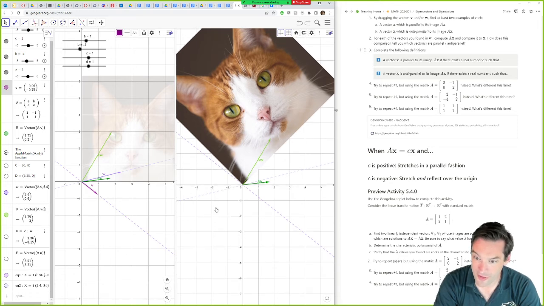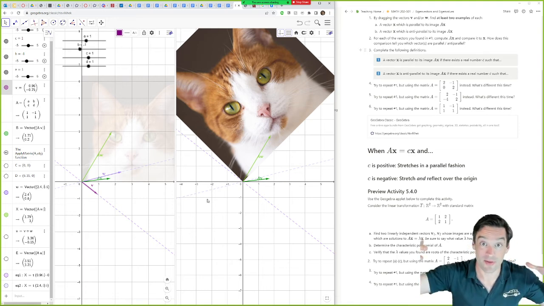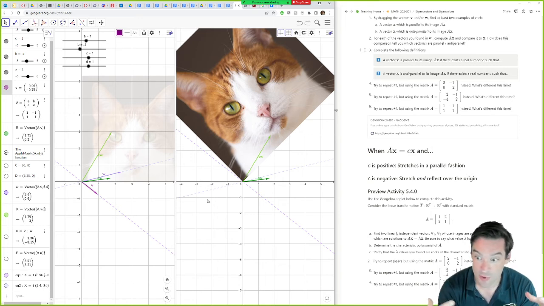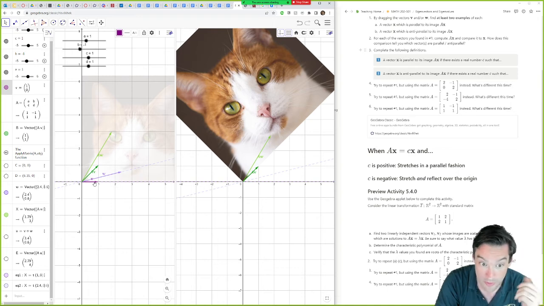Well, I won't say all that's happening. There's one other thing that's also happening at the same time as the rotation: a scale. It looks like we're blowing up the cat to be a bigger cat, right? So it's getting bigger and it's rotating by some angle. In particular, it looks like it's probably a 45-degree angle in this case, because this vector 1, 1 appears to make the 45-degree angle with 1, 0, which was its pre-image.